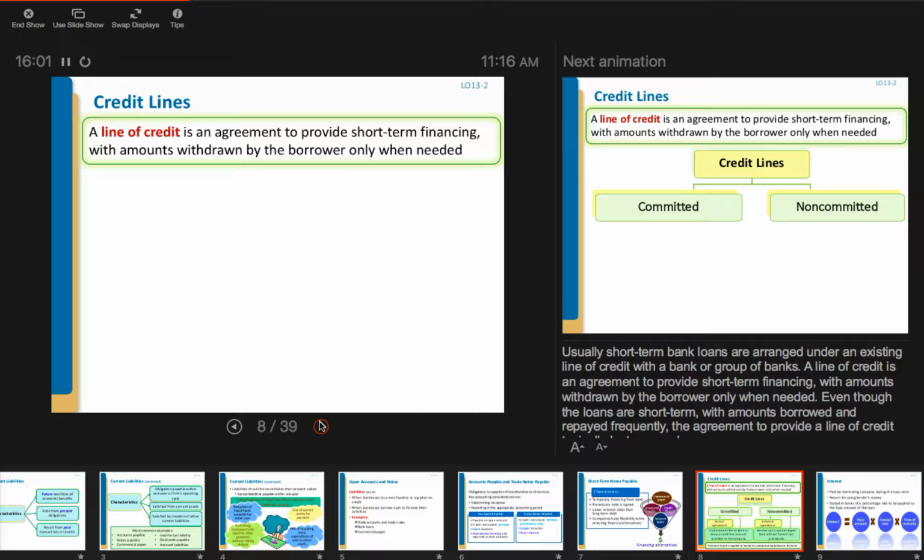A line of credit is similar to a note payable with a bank in that it's a contract. You sign it with the bank. The difference is, instead of approving you for a certain amount, giving you all that money right then and charging you interest on the whole thing, you negotiate for a certain line of credit, say $1 million, and the bank almost functions like a credit card, where you have this line of credit that you can charge against and use to pay for whatever you need.